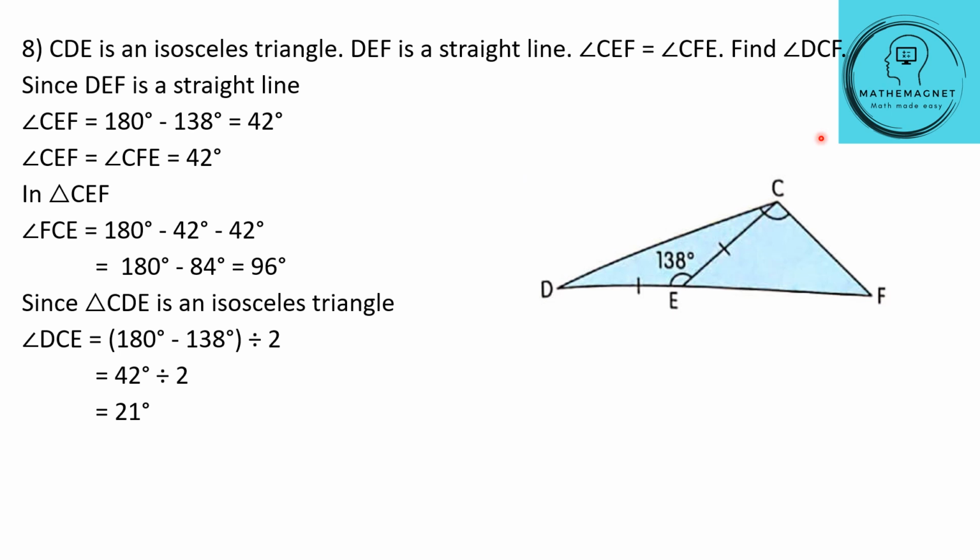Now we know angle DCE is 21. We also know angle FCE is 96. So angle DCF will be DCE plus FCE, which is equal to 96 plus 21, which is equal to 117 degrees. So the unknown angle DCF is equal to 117 degrees.